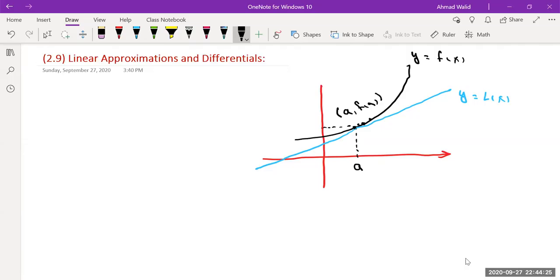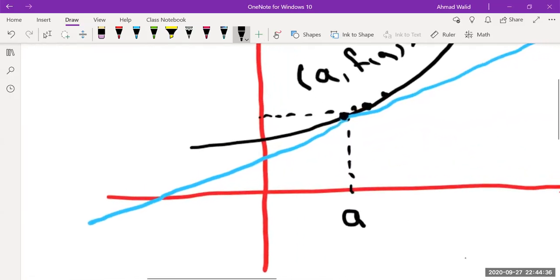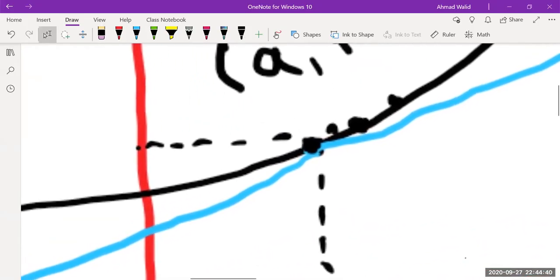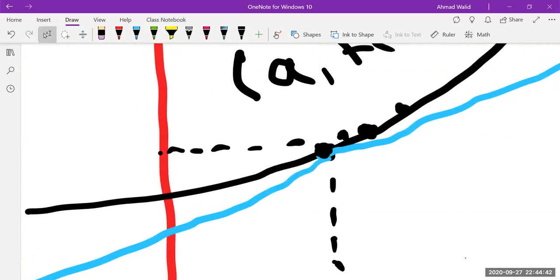What we do instead, we use linear approximation. What does it mean? Look, if I zoom my curve a little bit, zoom, zoom, you see now my computer cannot zoom anymore. Even so, you can see your curve as a line.